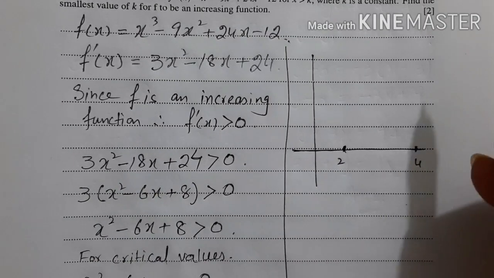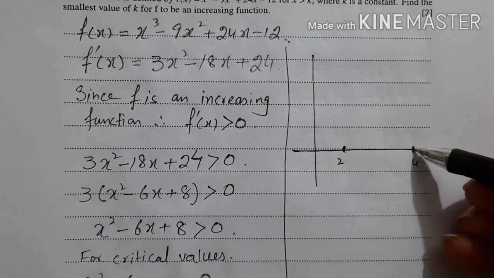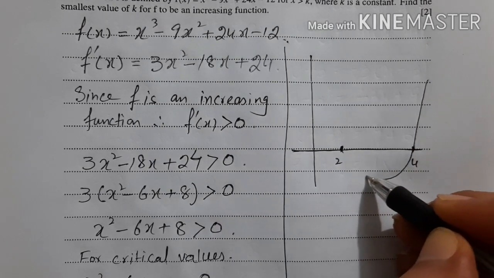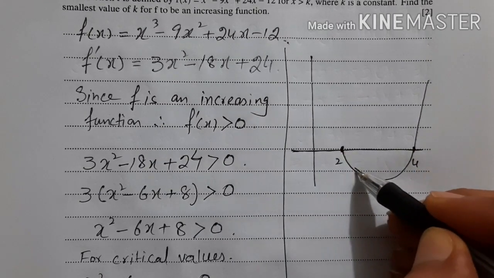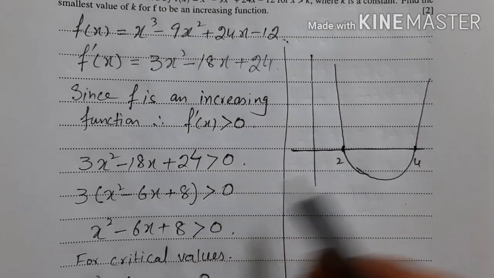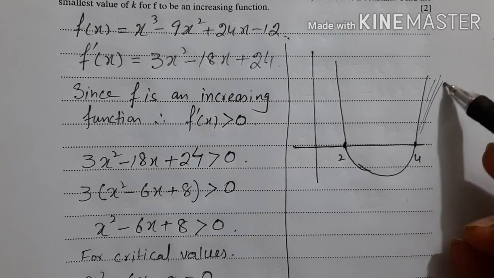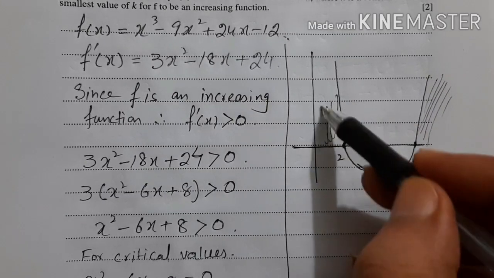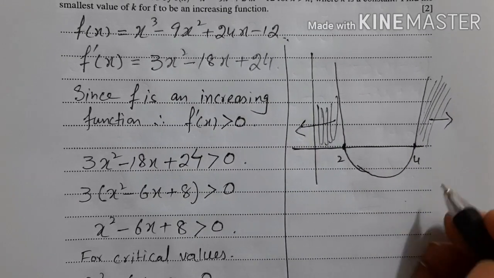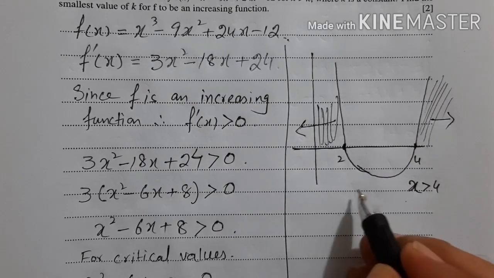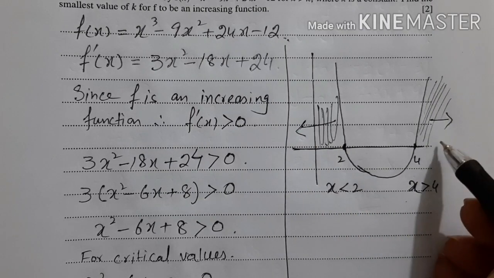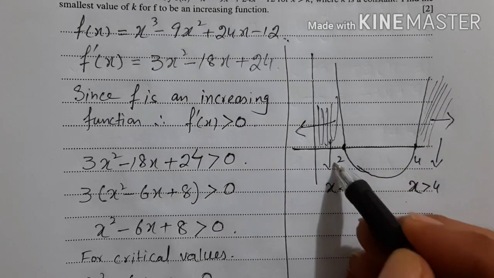The parabola will be cup shape, means it will open upwards. It will be like this. So greater than 0 means the outside area above x-axis is our answer region. So this will be x is greater than 4 and this will be x is less than 2. This area will be this one and this will be this one.